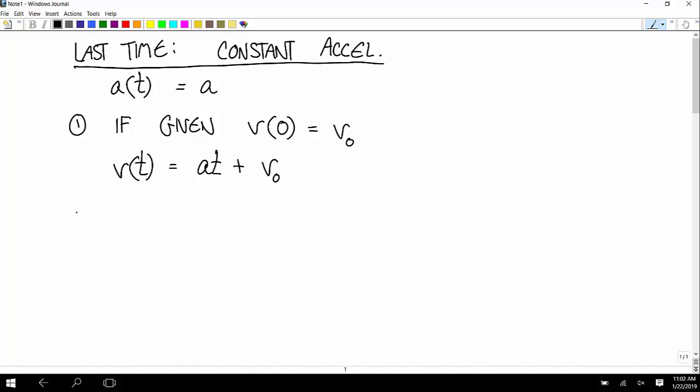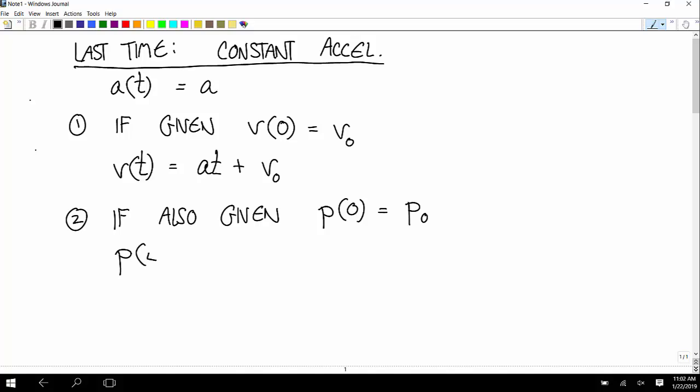And if you integrate that one more time, we didn't go through this before, but I think this is something you're asked to do on the homework. It's just integrating again and using the boundary conditions. If you're also given that when time is equal to 0, position is equal to this constant p0, then position as a function of time is equal to... let me write this the other way.